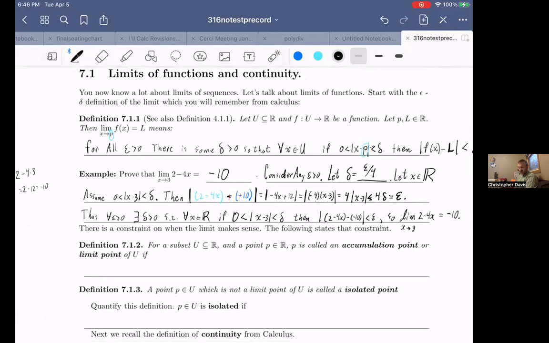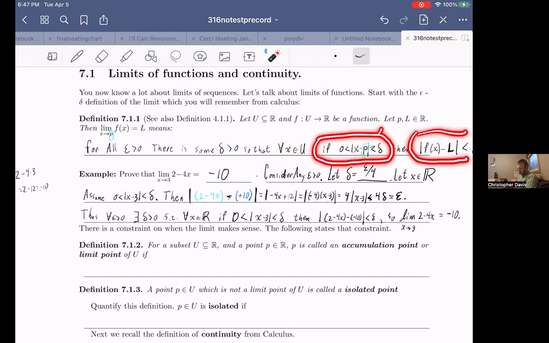So there are some things to absorb about the definition of the limit. Namely, let's look at this bit. So there's a universal quantifier followed by an if then. What's something that's worth noting about if thens?